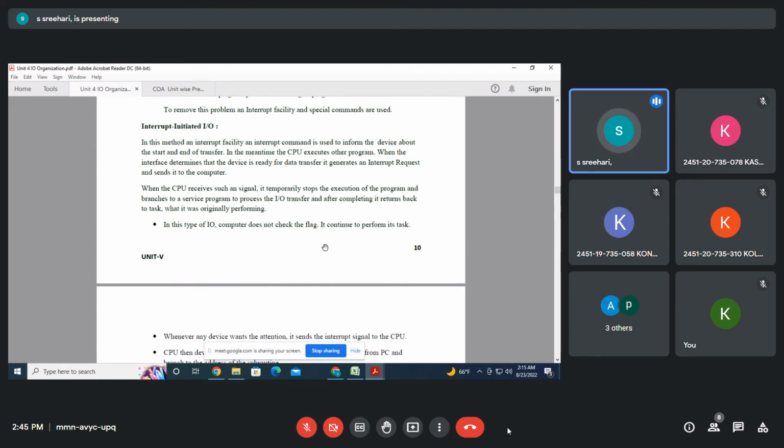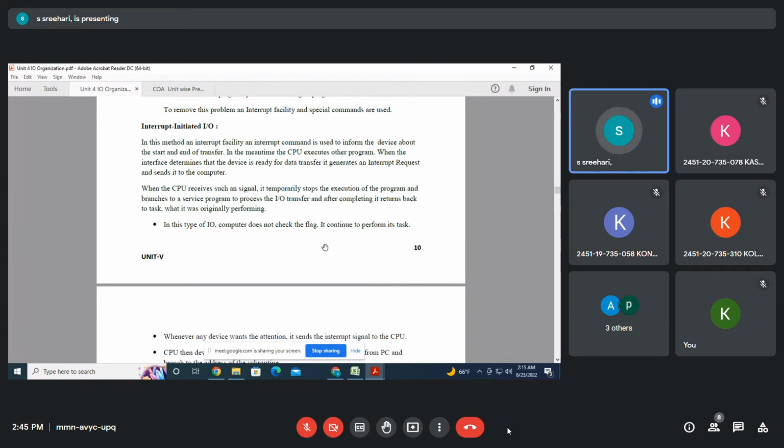So interrupt initiated IO overcomes the programmed IO method, that is, we do not monitor the flag bit. Instead, once it is completed, we send an interrupt signal to the CPU, and the data is collected, right?